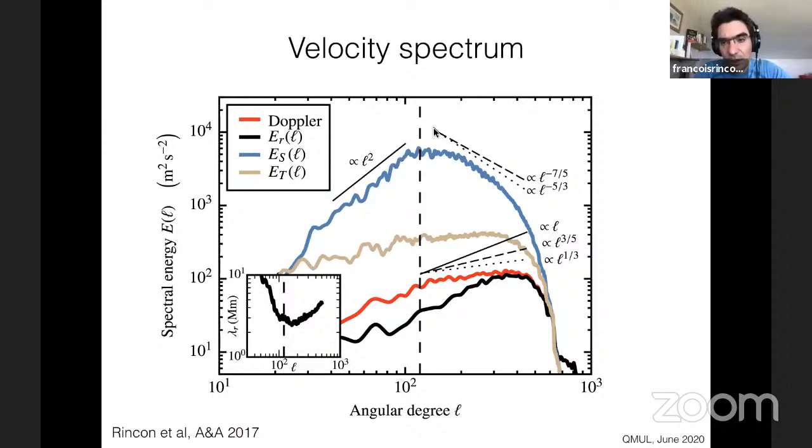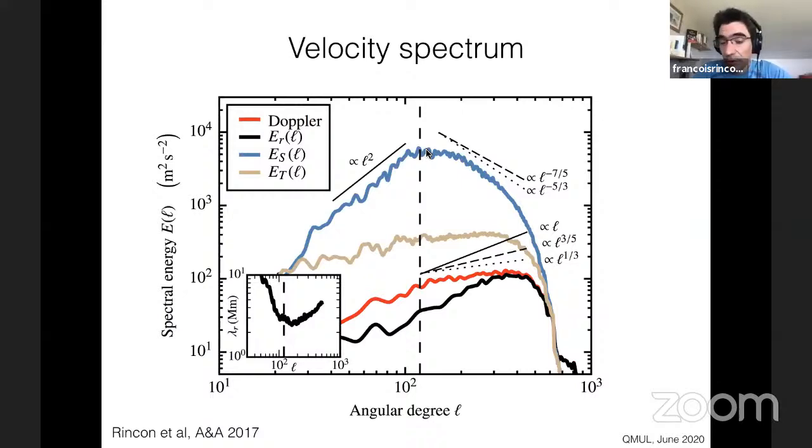You don't catch a lot of this signal in the Doppler. So there was always a bit of controversy about whether this scale, supergranulation, was actually a very energetic scale or not. And with this observation, we can say without ambiguity that yes, the horizontal flow is definitely the peak injection scale of the turbulence at the photosphere.